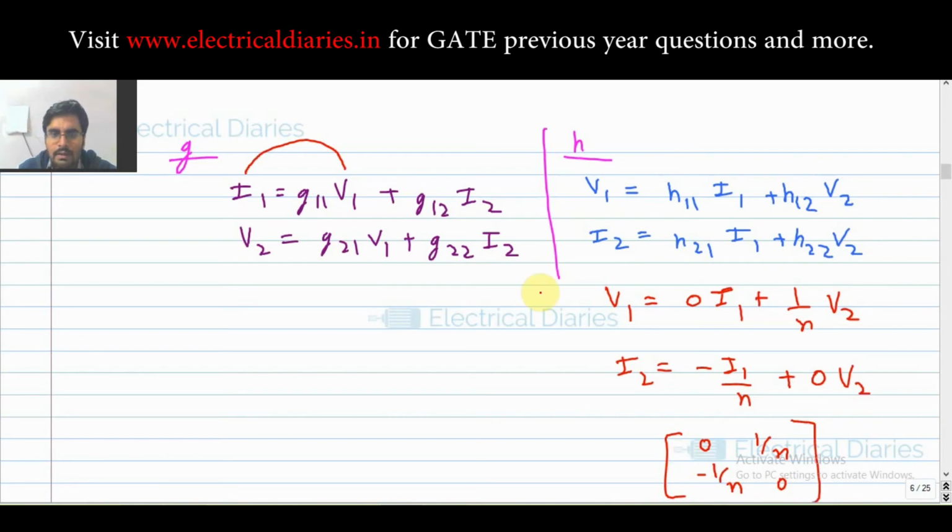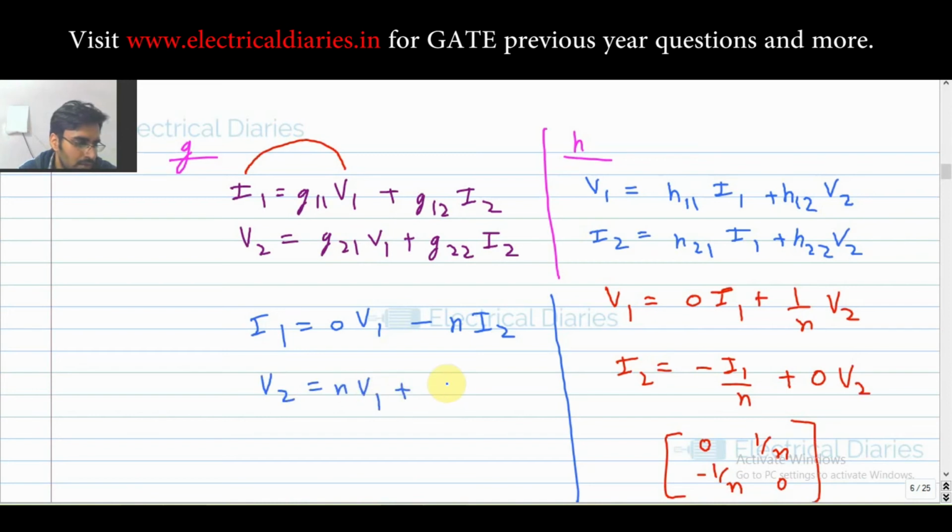Similarly you could analyze for the G parameters. Here we need the relation between I1 and V1 or I2. I1 is equal to 0 V1 minus n I2, and V2 is equal to n V1 plus 0 I2.